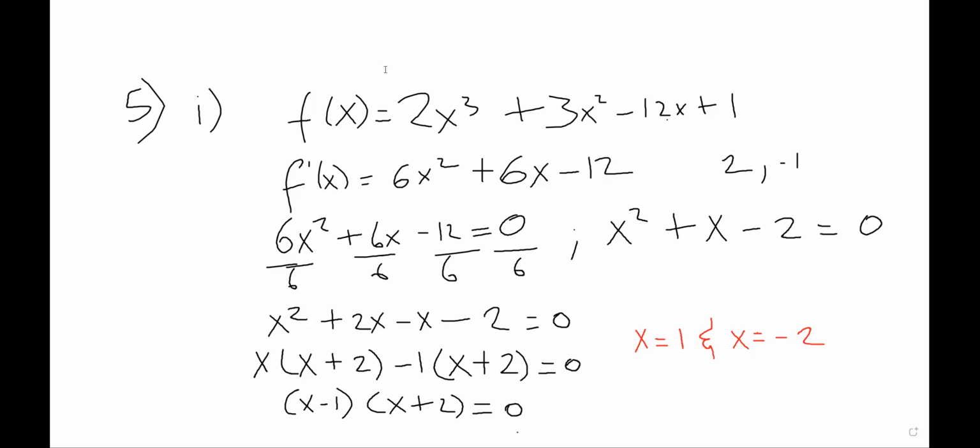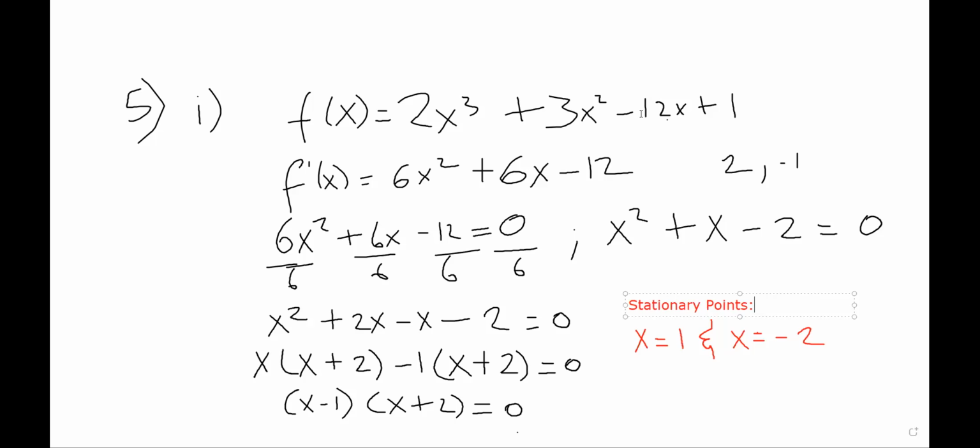Those are stationary point values. So our stationary points are x is equal to 1 and x is equal to negative 2, all right? And that's how we find our stationary points.